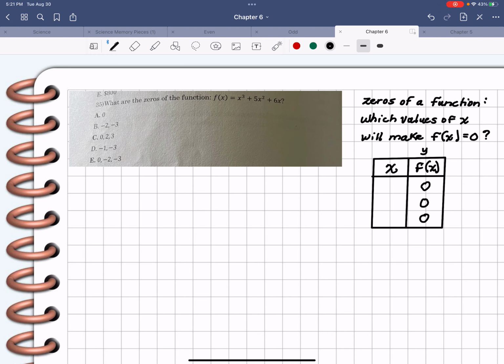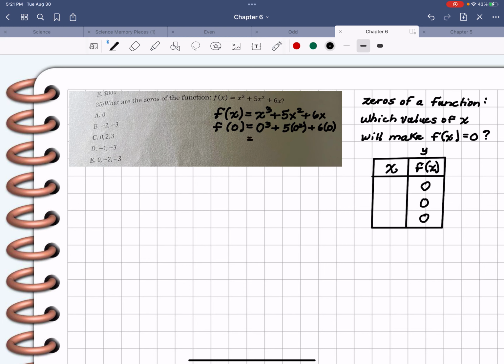For example, let me take the first choice, which is a 0. So let's plug in the first option. A is 0. So f of 0 equals 0 to the third power plus 5 times 0 squared plus 6 times 0.